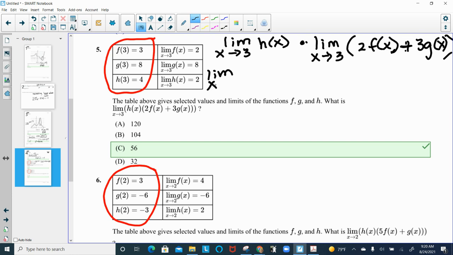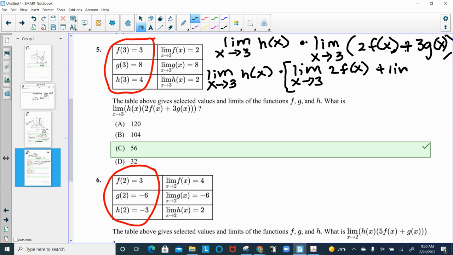So here's my limit as x approaches 3 times, and I'm going to put brackets here. Okay. So I'm going to have the limit as x approaches 3 of this piece plus the limit as x approaches 3 of this piece.